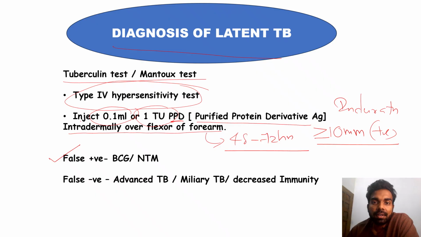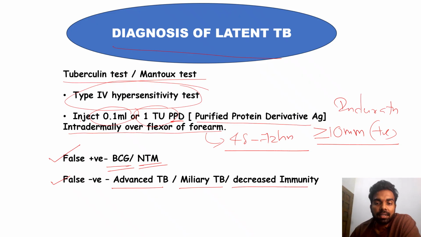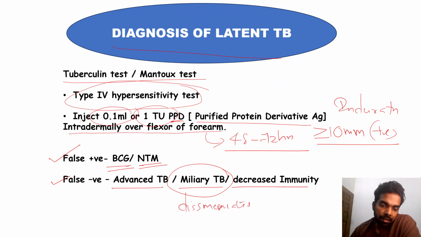That means if the person has had BCG vaccination or is infected with a non-tuberculous mycobacterium. False negatives include advanced TB, miliary TB or decreased immunity. Miliary TB is disseminated TB which is spread in blood.